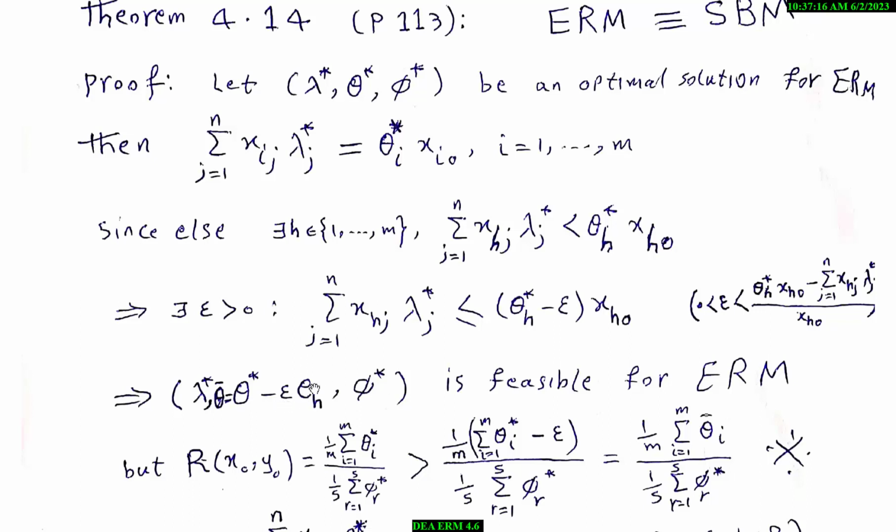Note that here e_h means a vector with the h component equal to 1 and the others equal to 0. It's obvious that this is feasible for ERM.